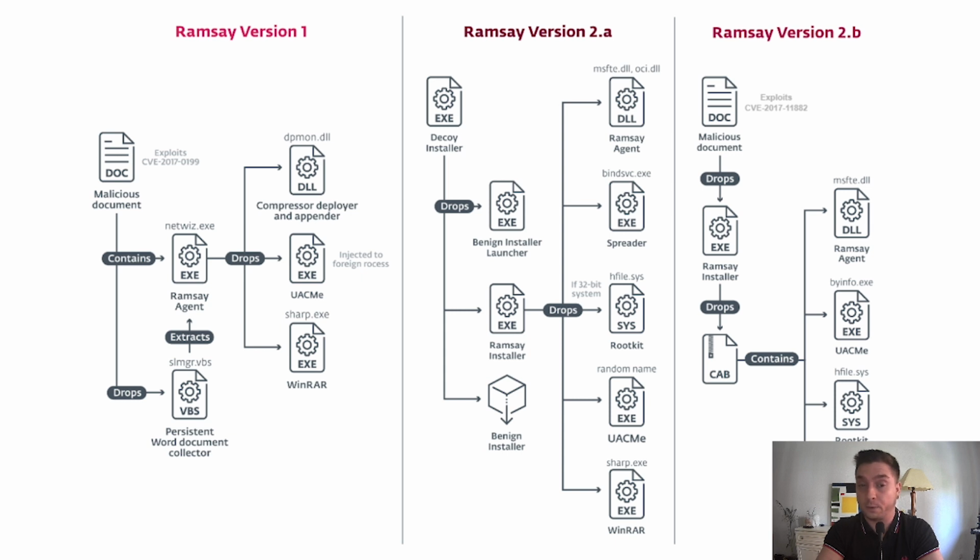Also, there are specific components that are always leveraged in every single version, such as a UACME component for performing privilege escalation, but also a WinRAR instance that gets leveraged in order to compress some of the files that Ramsay collects. It's also important to mention that Ramsay's collection capability remains the same in these 3 different versions.